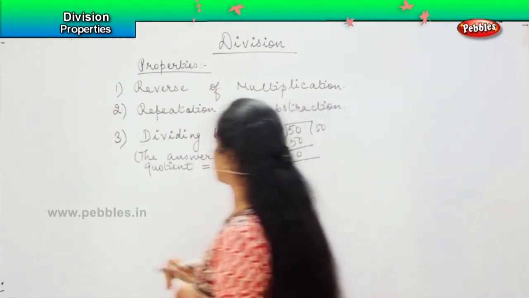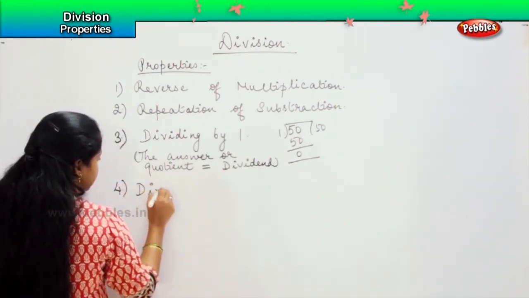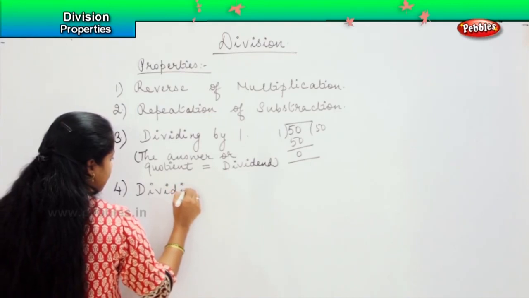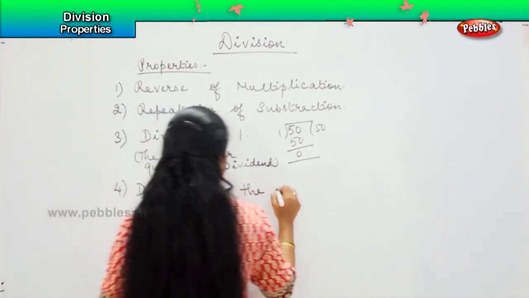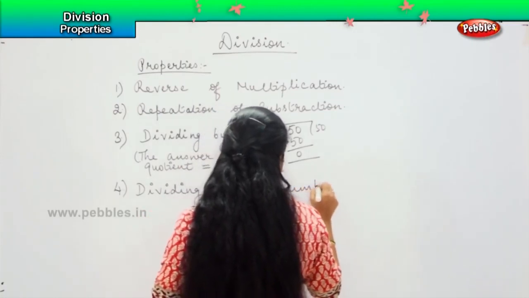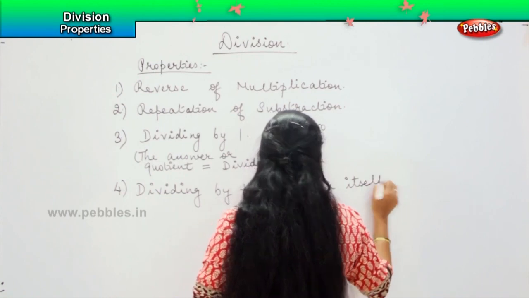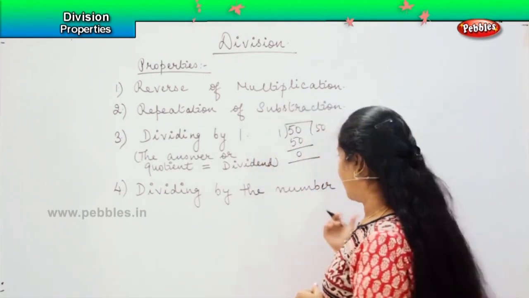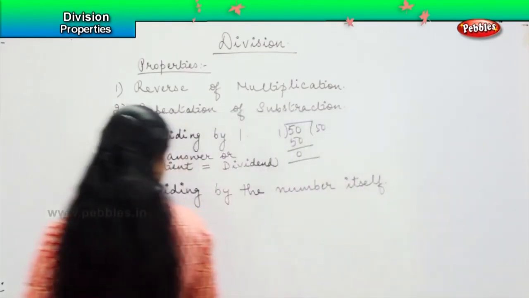Okay? The next one is dividing a number by the number itself. So it means that if I divide a number by the same number, I will be getting the answer as what?